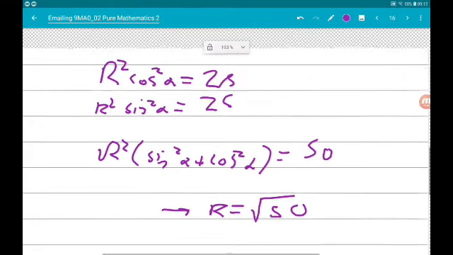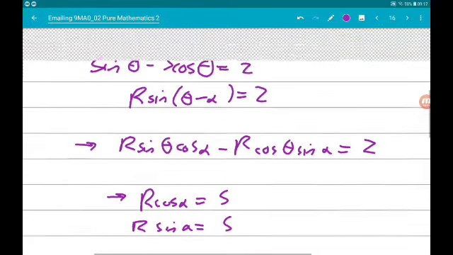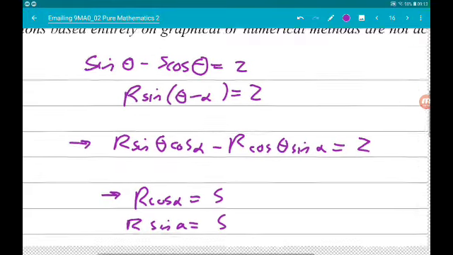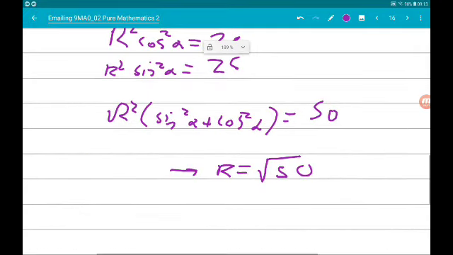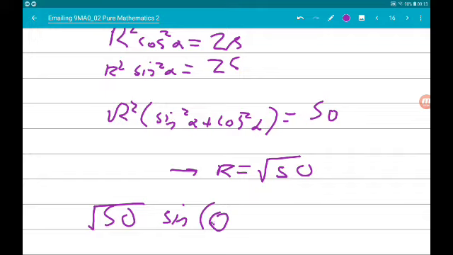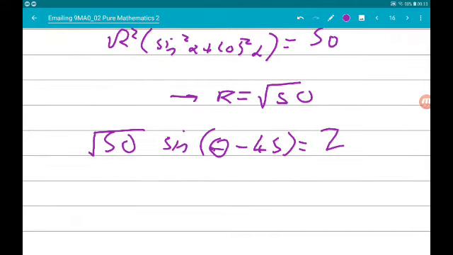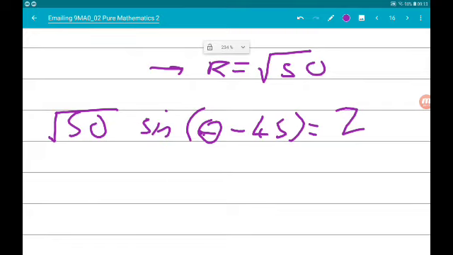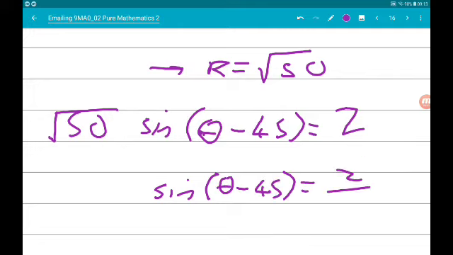So now that we know r and alpha, we know that root 50 sine of theta minus 45 is equal to 2. So, sine of theta minus 45 is equal to 2 over root 50.